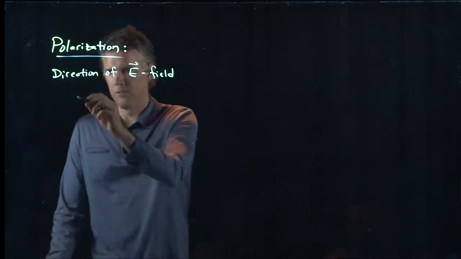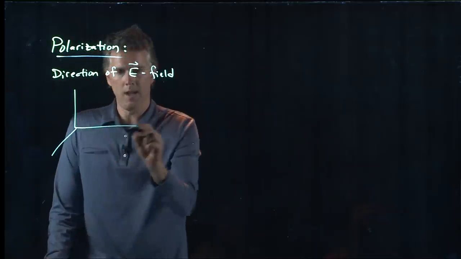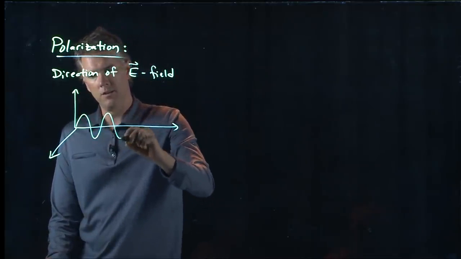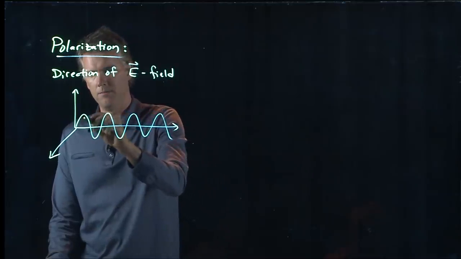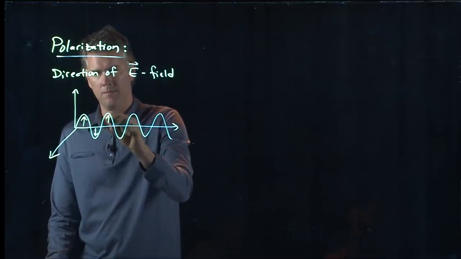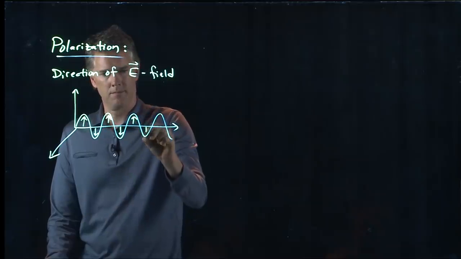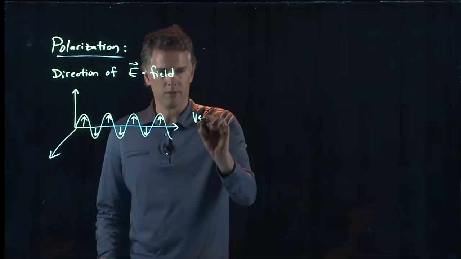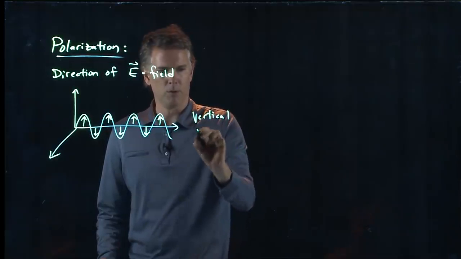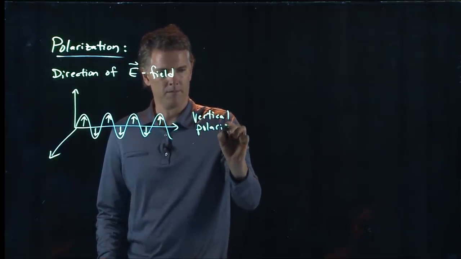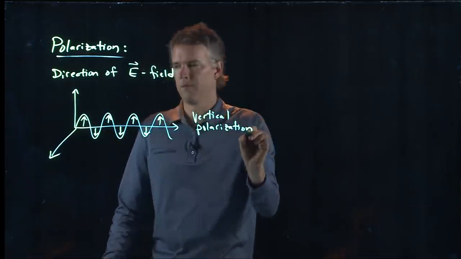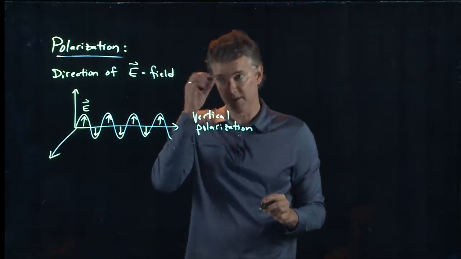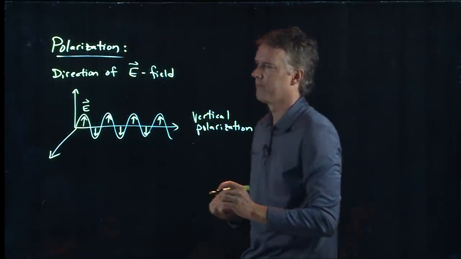So for instance, if my wave has an E field that's going up and down, then we say that it has vertical polarization. We don't really care about what the B field is doing. It's just defined in terms of the E field.